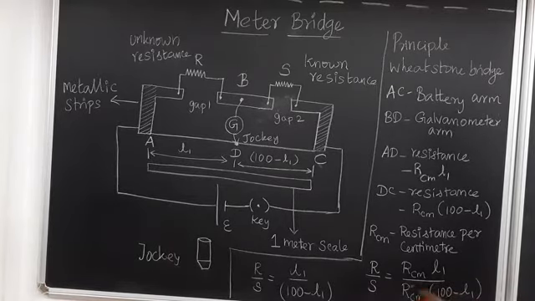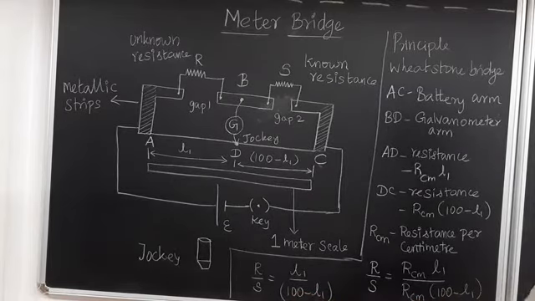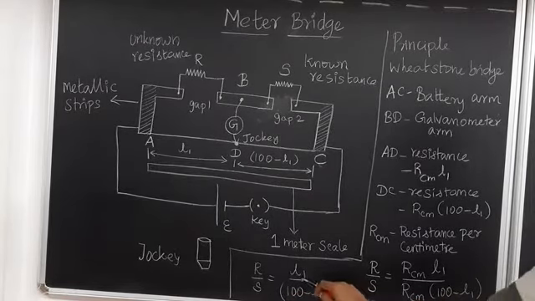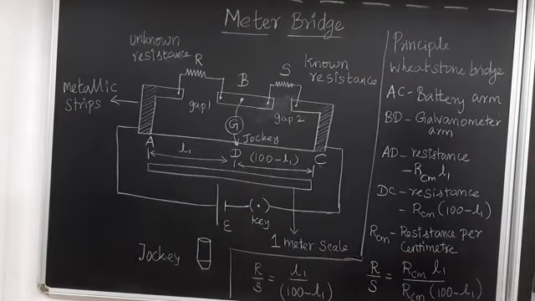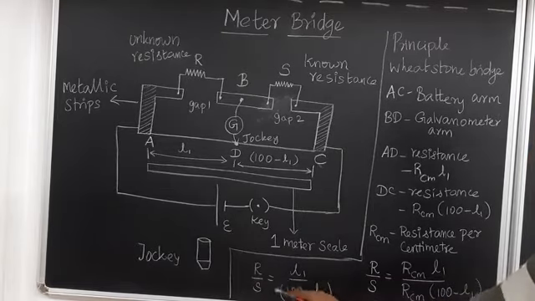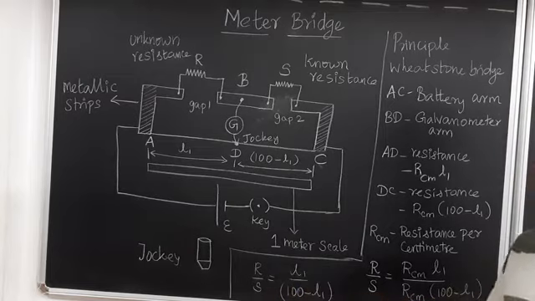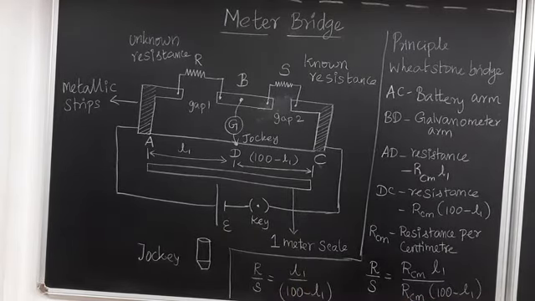We can cancel these two terms and write R by S is equal to L1 divided by 100 minus L1. Since we know the L1 value from point A to D, substituting it and cross multiplying, we can calculate the unknown resistance as S into L1 divided by 100 minus L1. I hope you understand well. Thank you, and see you in the next video.